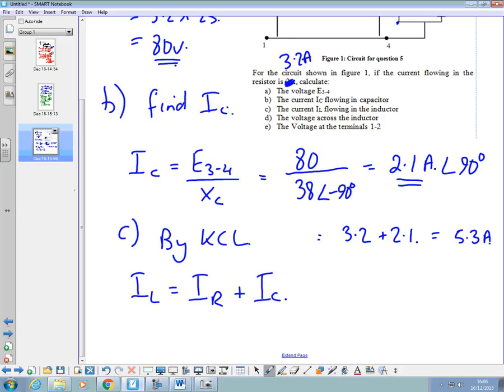How can I quickly add that 90 degree positive angle? Yep. So it is 3.2 plus 2.1j amps, and then we can convert that to polar in case we need it in that form.